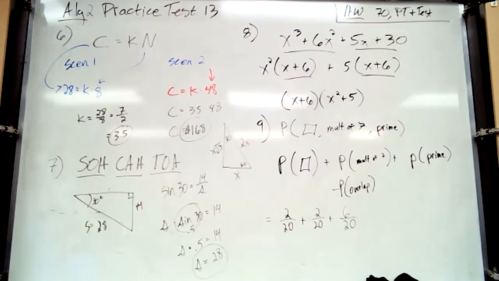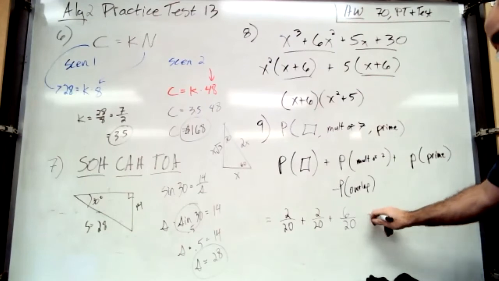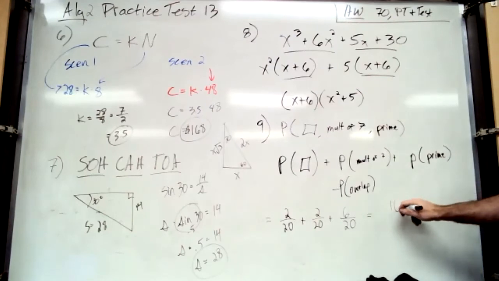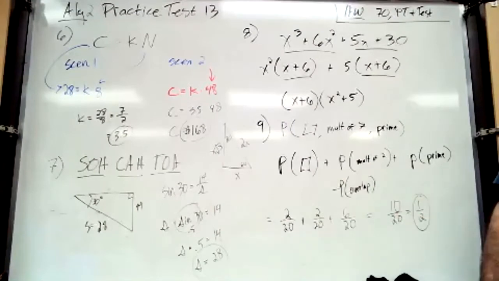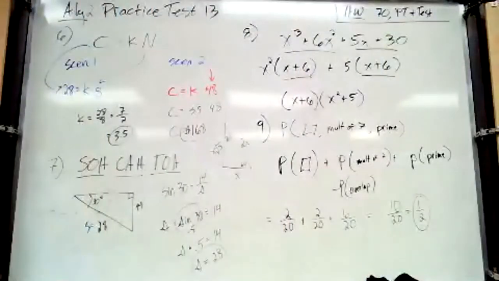Anything exists there? No. So you're done. So that is 10/20ths, which is 1/2. Does that feel all right? Yeah. Okay. I don't know if the real test will have overlap or not, but that makes for an easy probability question.